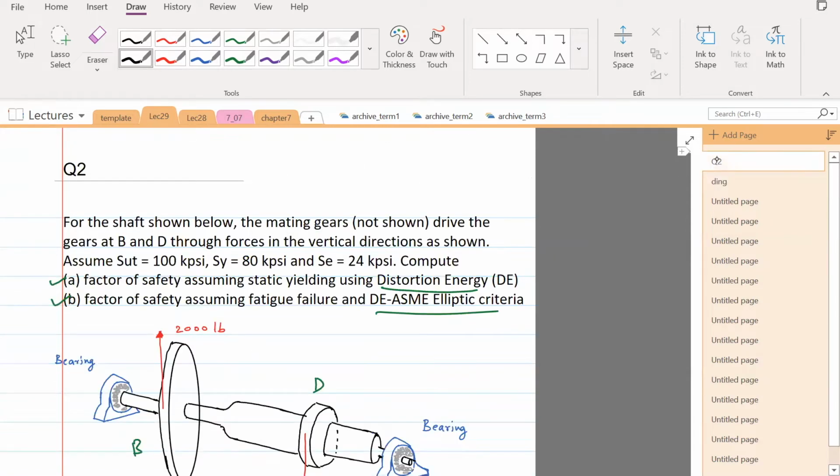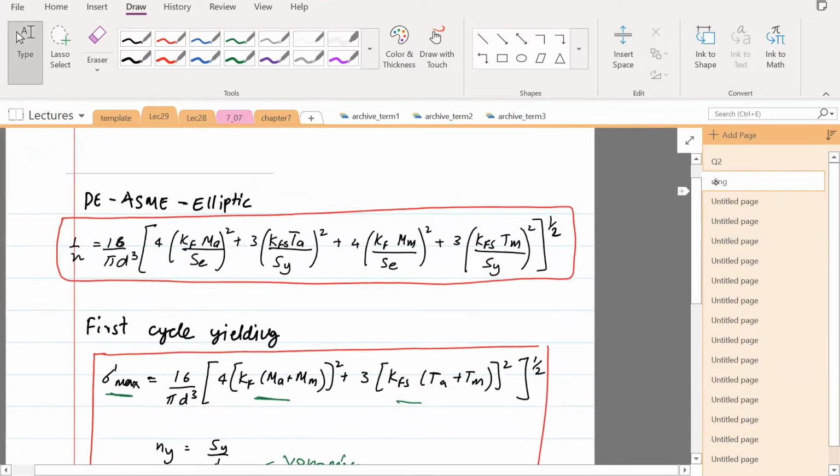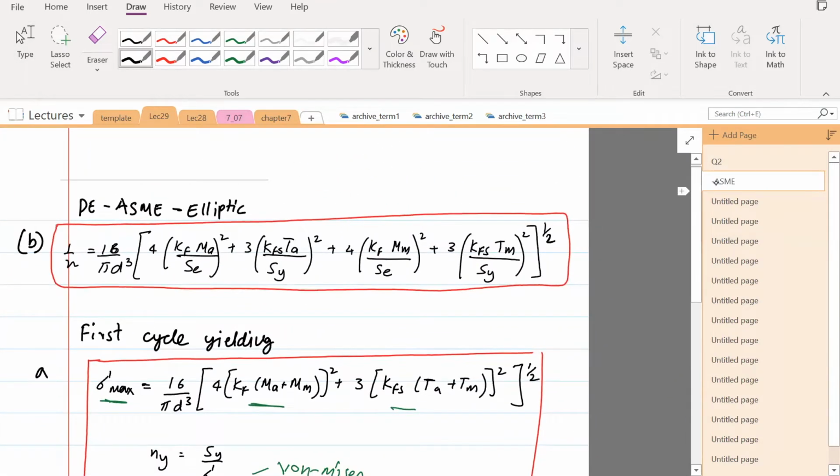So if I'm not mistaken, we need A and B. So this is the solution to B, this is the solution to A.